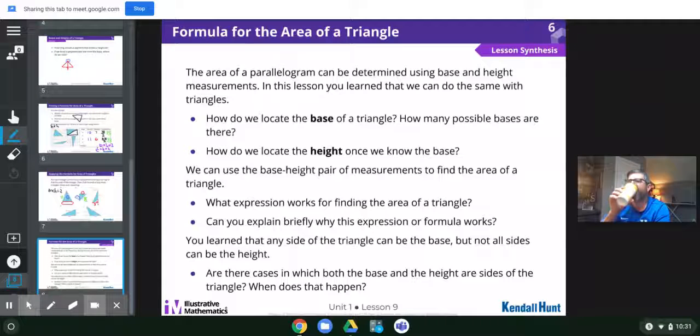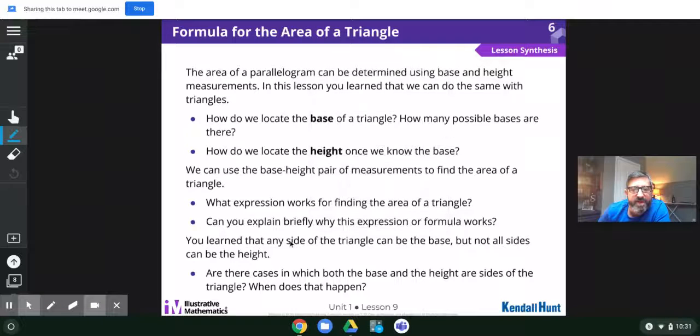Base times height divided by 2. That's exactly right. Now, how do we know that this formula works? Well, once we find the area of a parallelogram using base times height, the area of the triangle is exactly half of that.